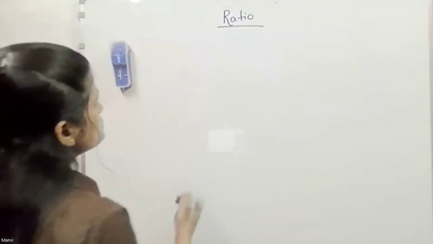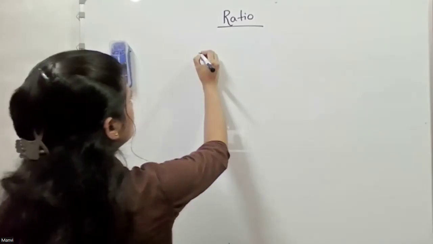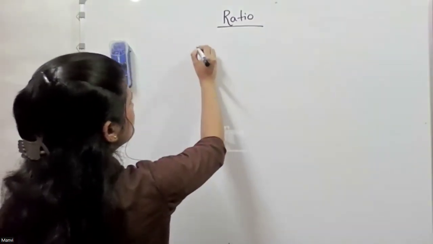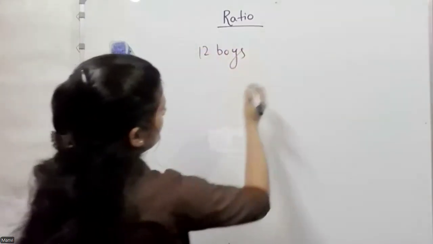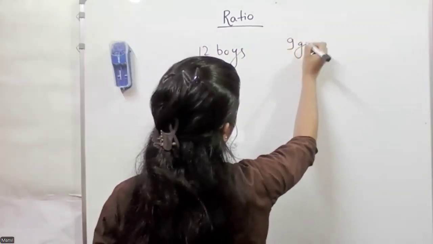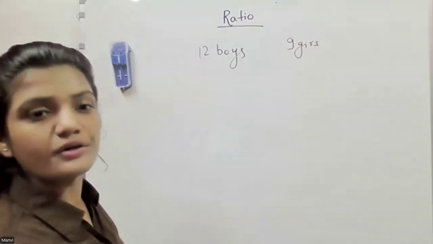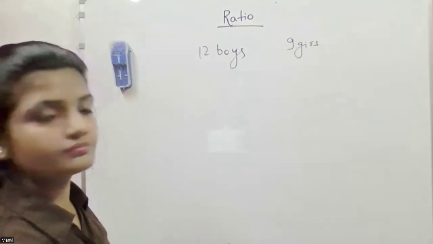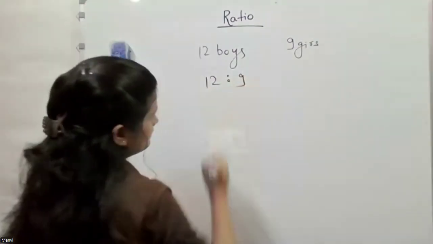Now, another thing. For example, in a school, there are 12 boys and 9 girls. Now, what will be the ratio of boys to girls? Boys to girls, 12 to 9 or 12 ratio 9.